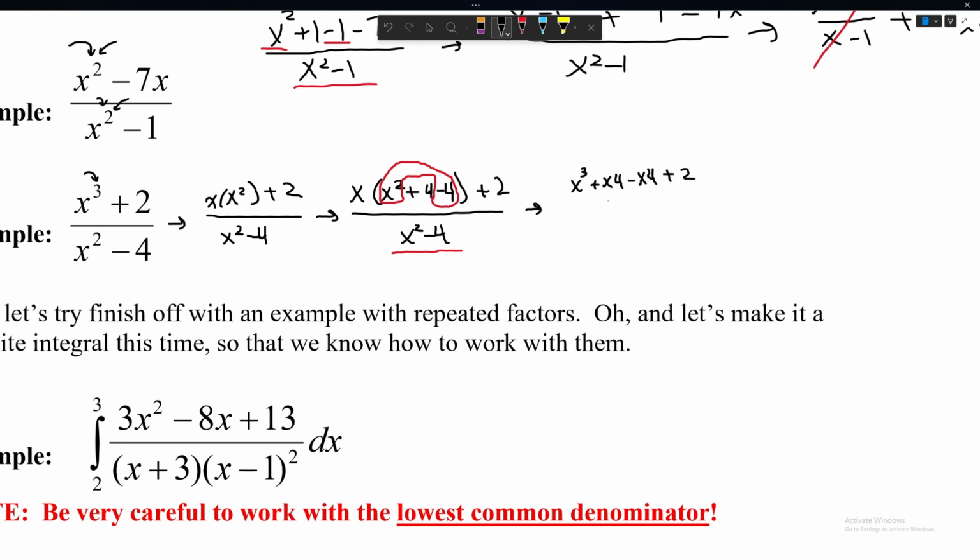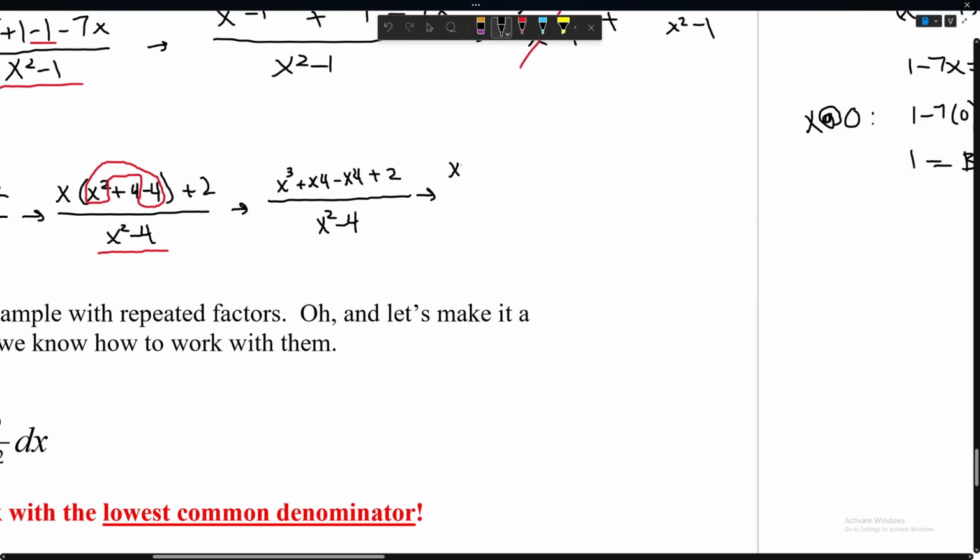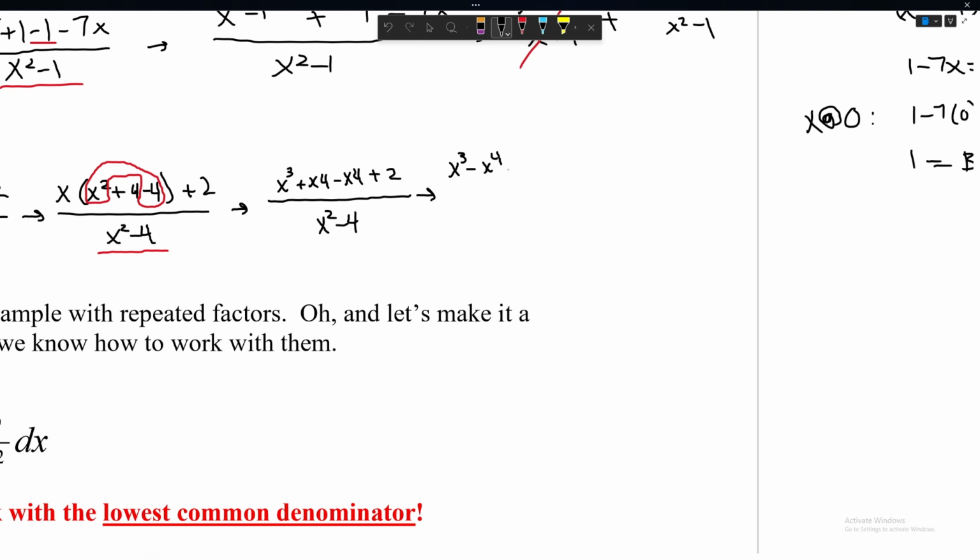And you see now these, if I cancel out these two, I get the same thing back, which means I'm on the right track. I haven't changed the equations. This is valid math. Right? Now I'm gonna rearrange this so that it looks like the bottom. Now I get x cubed minus x to the fourth, right? Plus x to the fourth plus 2.